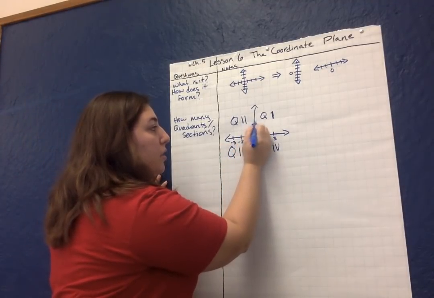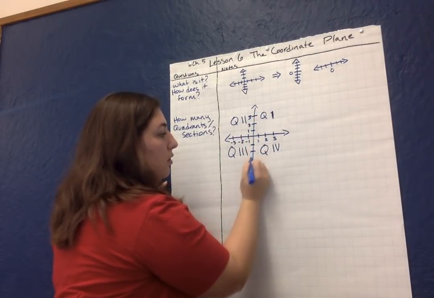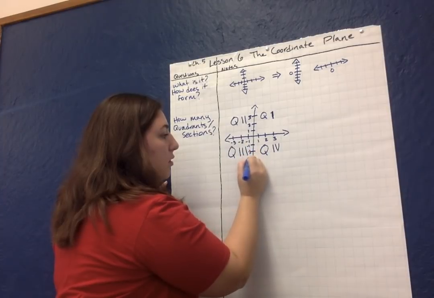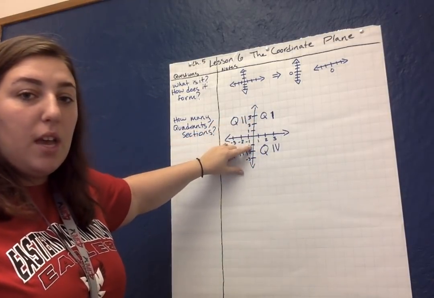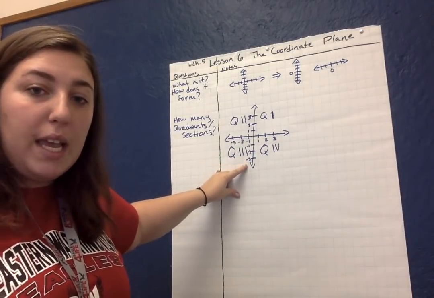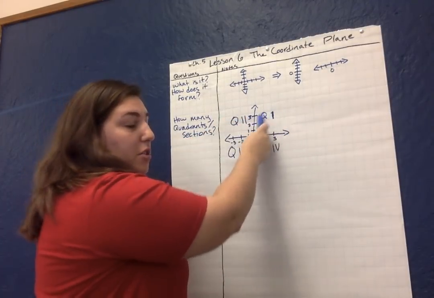So we have 1, 2, 3. This is positive as well. And this is negative. Okay, so then if we plot something over here, it's positive. Plot something over here, it's negative. But with the coordinate plane, we can also plot something in this section.